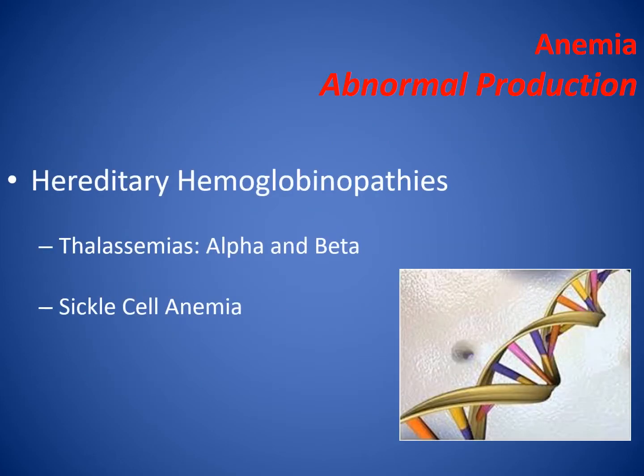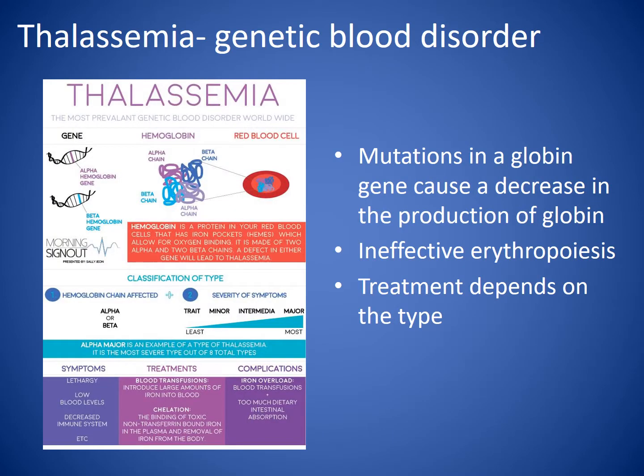The abnormal production, these are your hereditary hemoglobinopathies, so your thalassemia and your sickle cell anemias. I can hardly say this word, thalassemias, these are actually genetic disorders, and this type of blood disorder actually occurs with a mutation that occurs in the globin gene, which decreases the production of globins.